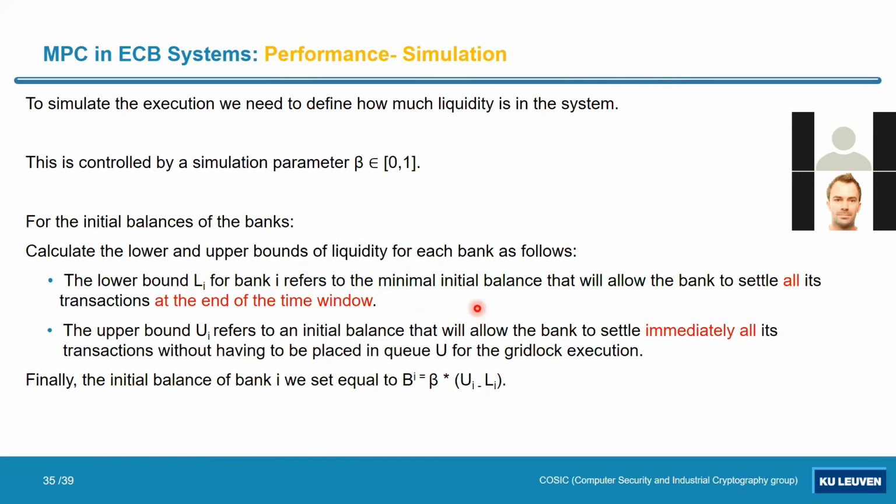The lower bound is the money that a bank needs to clear all its transactions at the end of the time window. And the upper bound is the initial money that a bank needs to clear all its transactions immediately before putting its transactions in the queue. And with this equation, we can calculate the initial balance of each bank by multiplying beta by the term Ui minus Li.